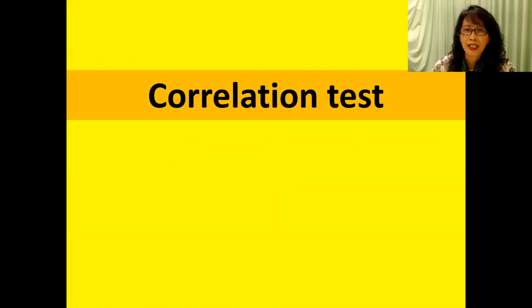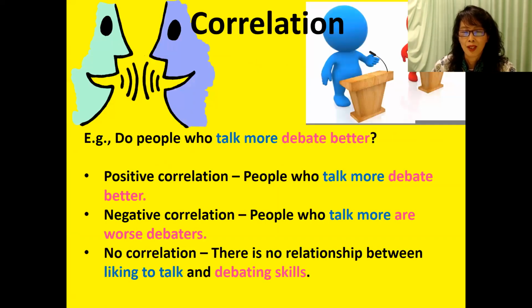Let's move on to the correlation test. This is a bit different. It's not about finding differences between groups, whether it is 2 groups, 3 or 4. This is about finding out whether there is a relationship between 2 variables. Example, do people who talk more debate better? Because both are some kind of talking ability, just that one is done informally, another one is done in formal conditions with rules.